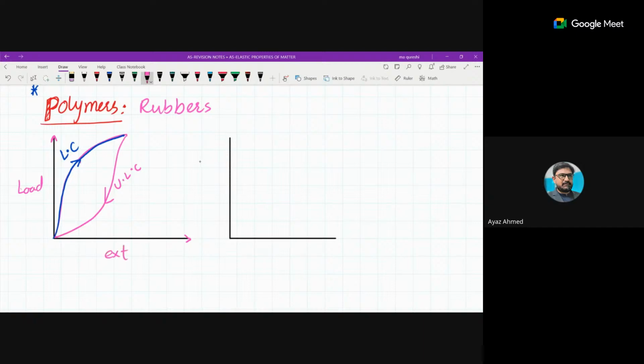And if I reverse the graph, extension and load here, it will give you something like this.